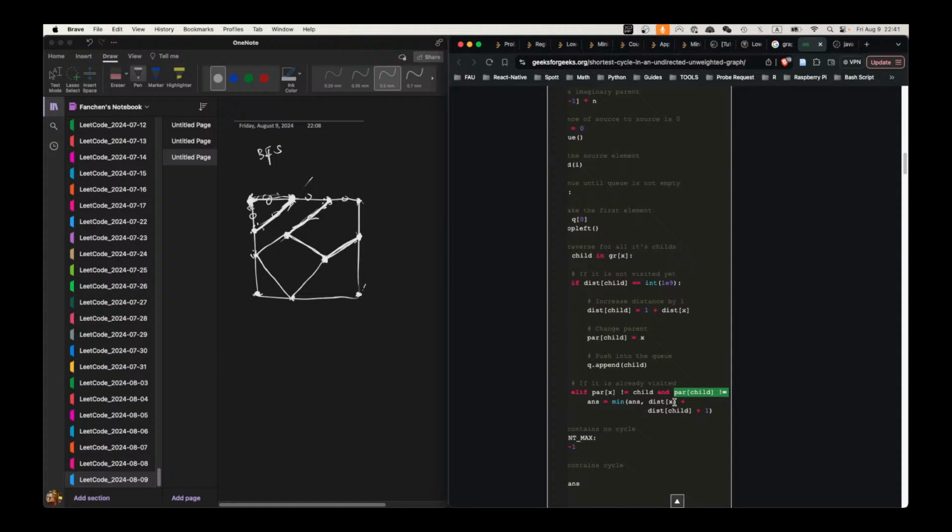And once we find the cycle, we can trace back the cycle, because we have this parent thing. So we trace back the cycle, but that's still not right.